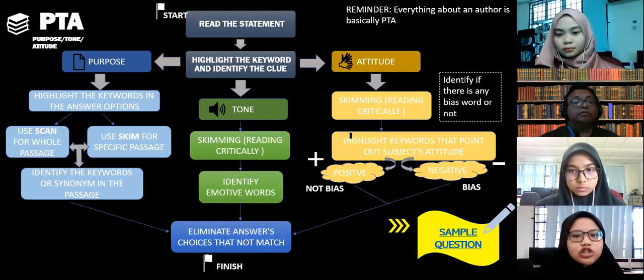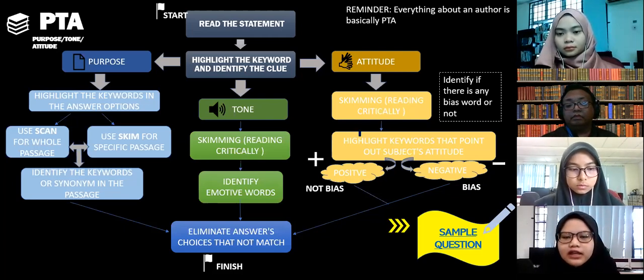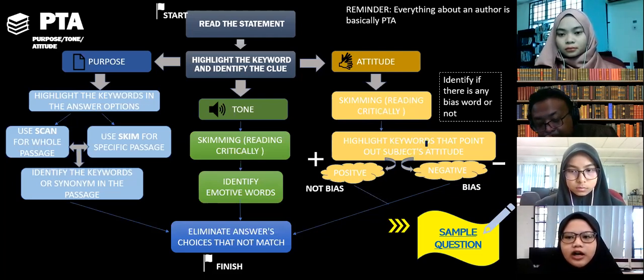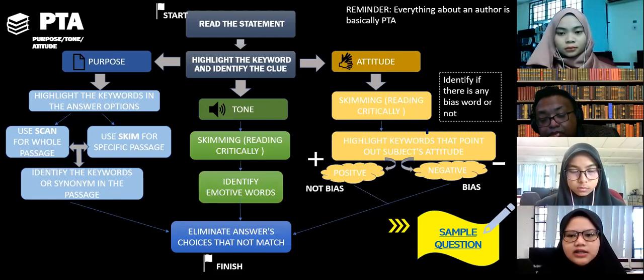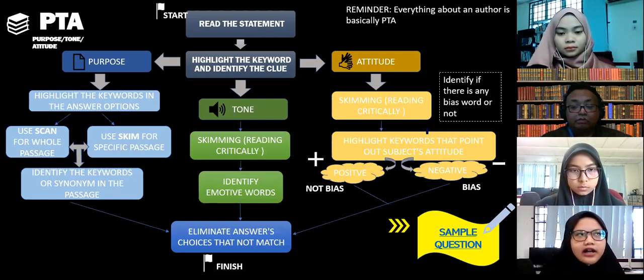So what you need to do is read everything in the passage and try to find the keywords, highlight the keywords that point out the subject's attitude. This is a very important step in attitude because with that skimming and highlighting, you will be able to identify two things, which are positive and negative.